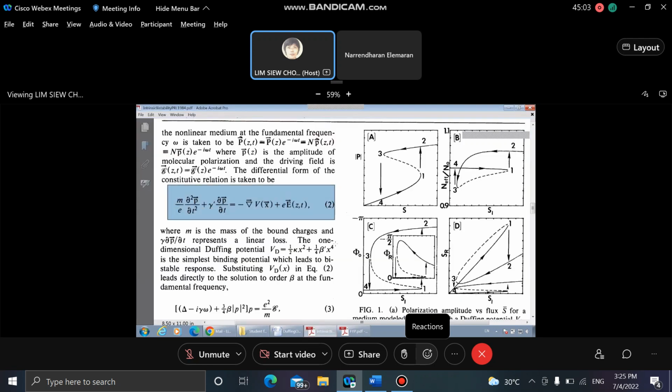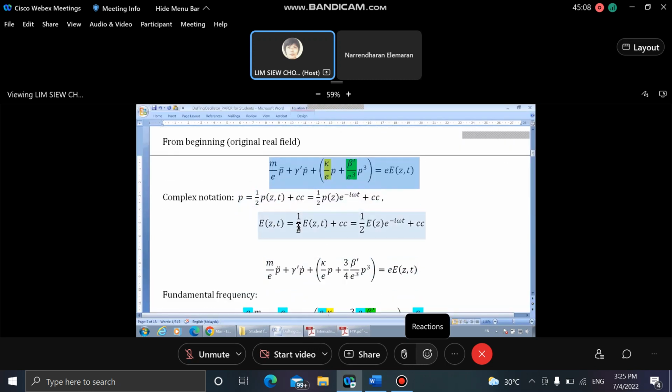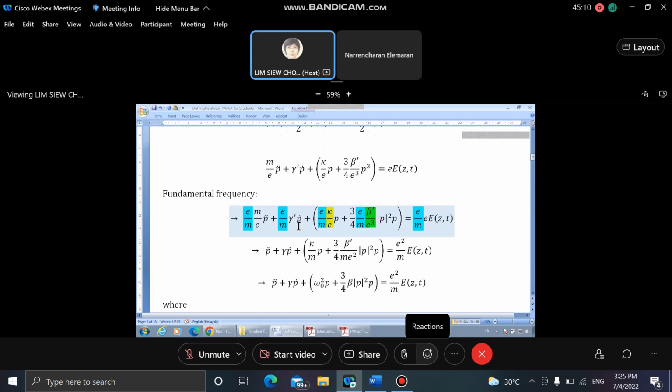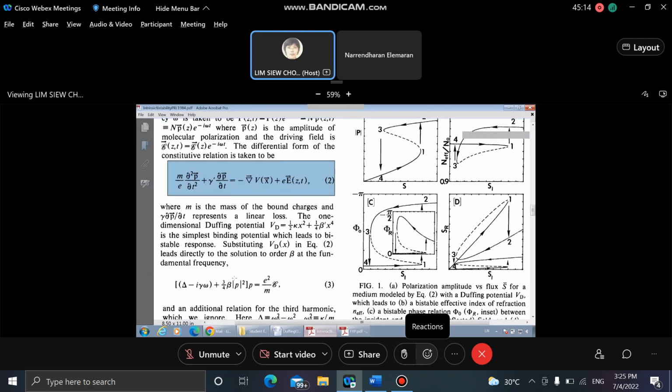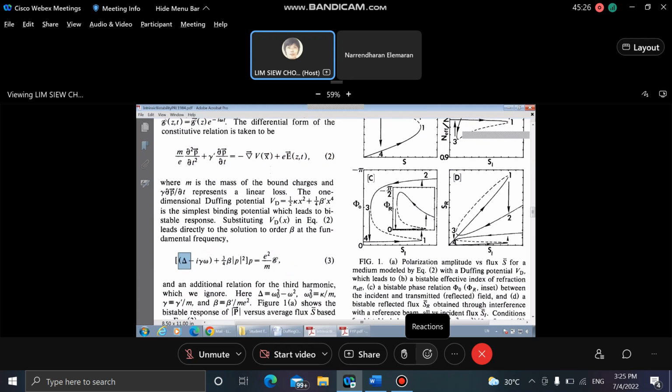And after this, you want to reproduce the results here. Here you didn't see any gamma or omega, but here it is already in terms of omega. This delta is also in terms of omega, which means that you already took the time derivative of this and this.